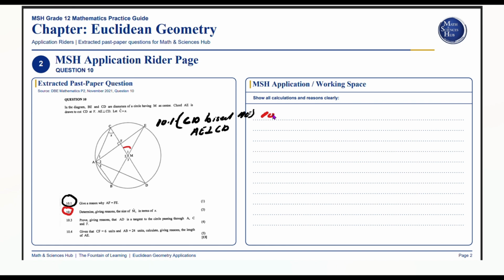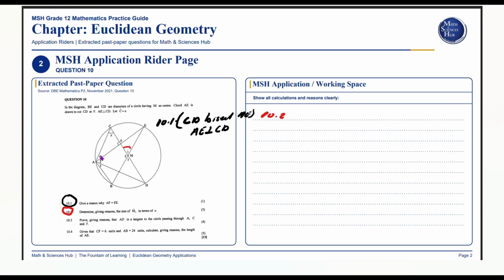So for 10.2, our starting point is that arc CE subtends angle M1 at the center, and the same CE subtends angle A1 at the circumference of that circle. We know that angle at center equals twice the angle at circumference.